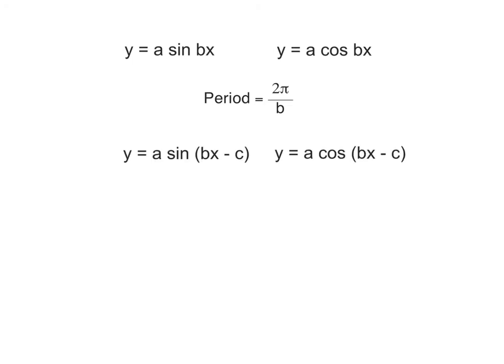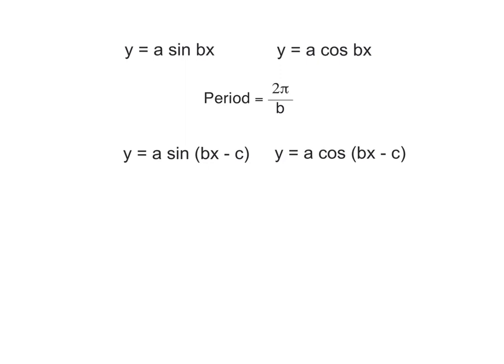So let's take our general equation one step further and say now we have y equals a sine parentheses bx minus c, or y equals a cosine parentheses bx minus c. Again, a deals with amplitude. b determines your period. Now what about this constant value c?